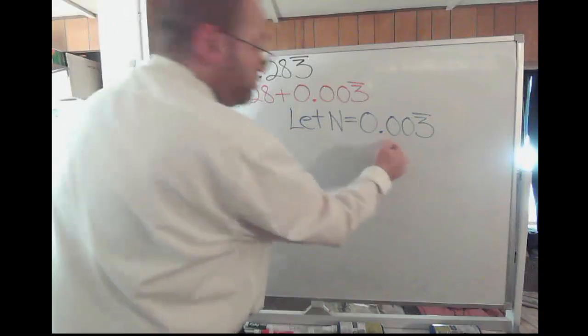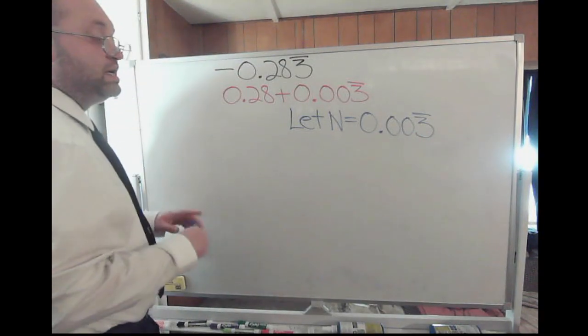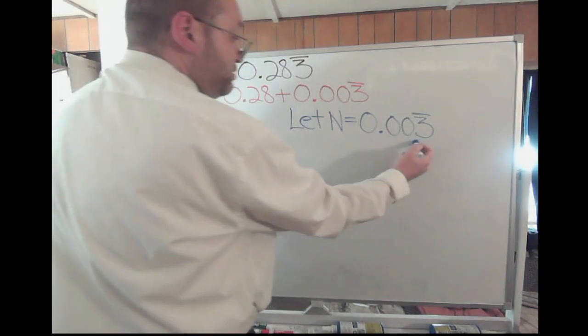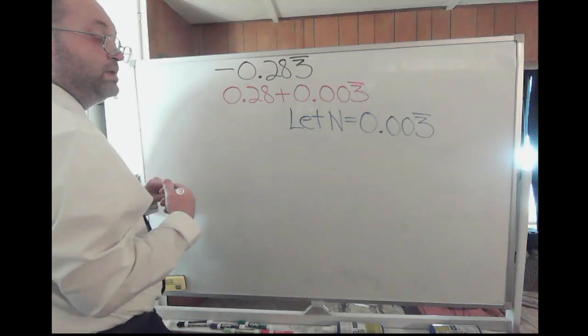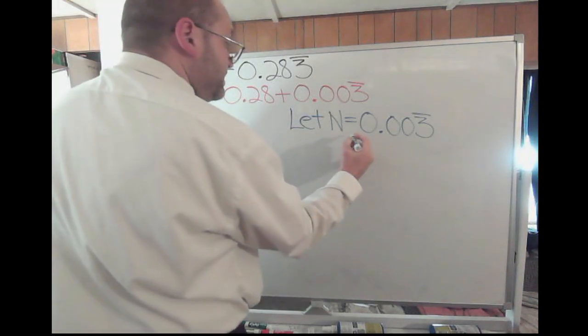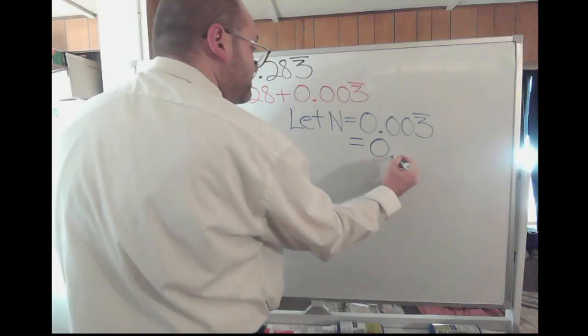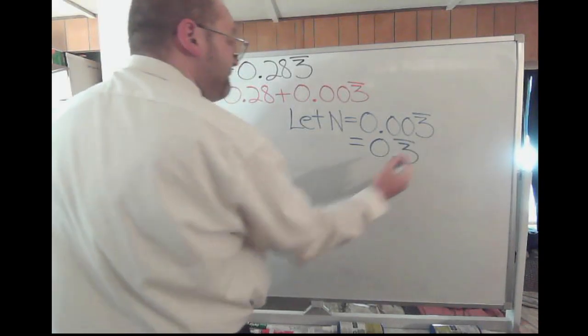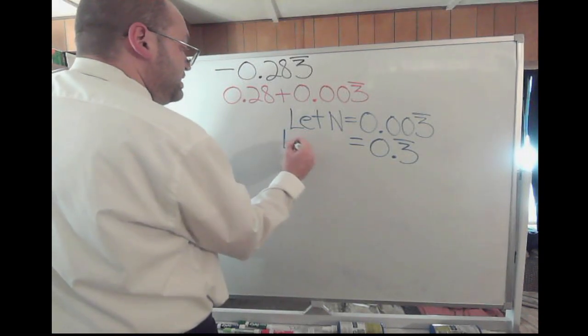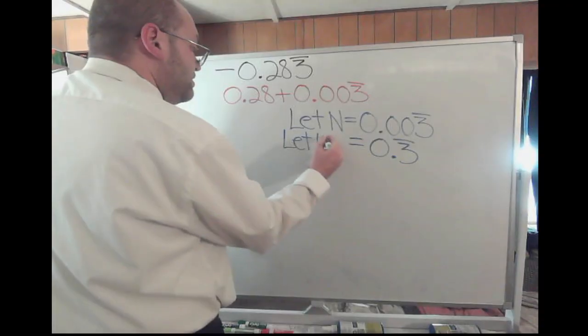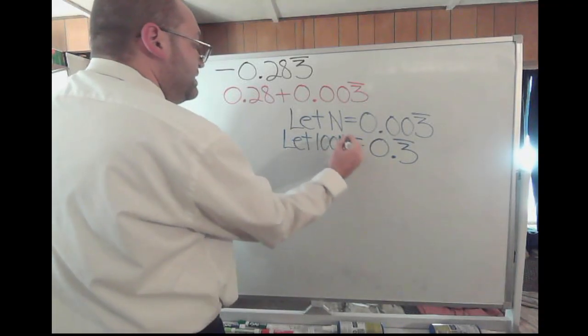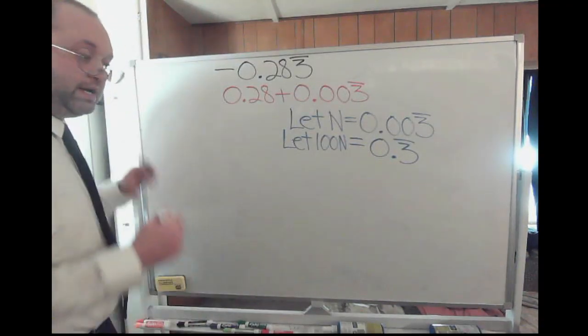We want to make this 1 place after the decimal, which means we would have to multiply this number by 100, wouldn't we? So if we multiply the number by 100, you would get 0.3 repeating. So you'd have to multiply the n by 100. We'll let 100n equal 0.3 repeating.